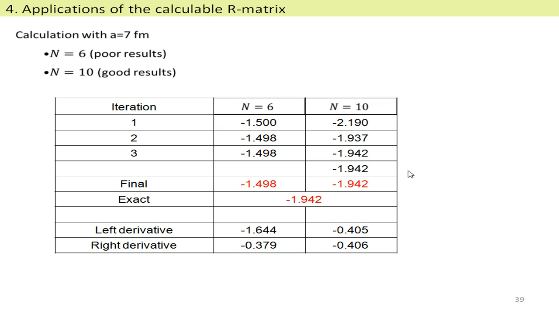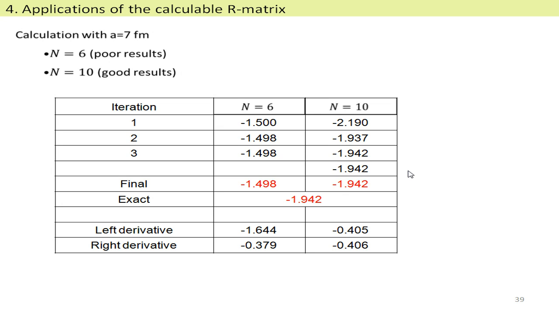So these are the results of the iteration for the different conditions, n equals 6 and n equals 10. And you can see here that n equals 6 converges, but to a wrong value, and n equals 10 converges after 3 or 4 iterations to 1.94. And again, this is the same problem as before, n equals 6 is too small.